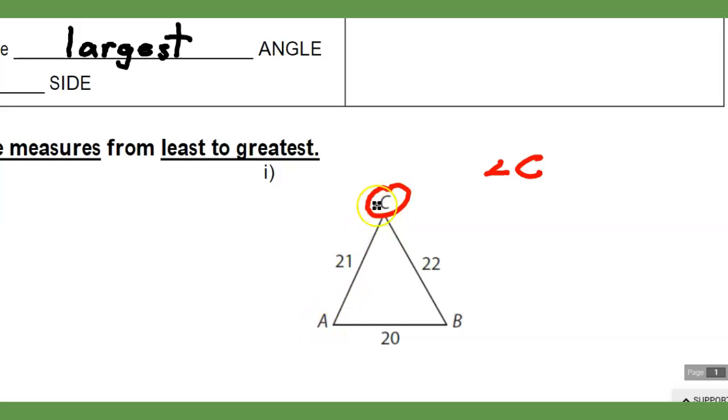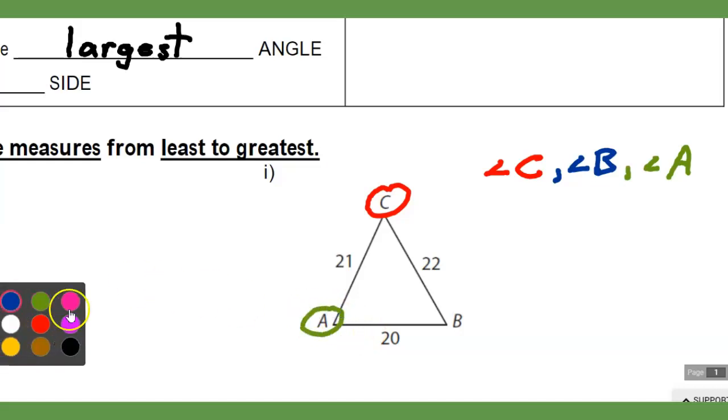What letter is not A and not C? That would be angle B. Okay. And of course, if you have the first two, the largest would have to be the last one, in this case angle A. So without actually drawing the letters, you can still get all the same answers.